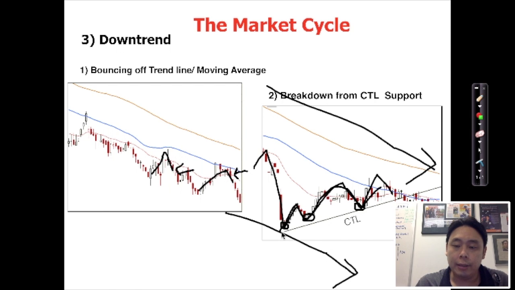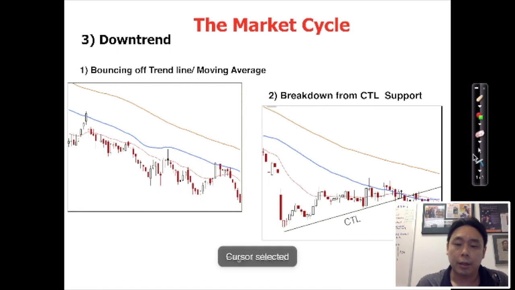You can easily draw a counter trend line somewhere like that. When you short it, obviously you do not want to short it when it's above this counter trend line. But once it breaks the counter trend line and it's going to continue down, you can short it over here. This is again a very common pattern. So you short it at the breakdown over there.